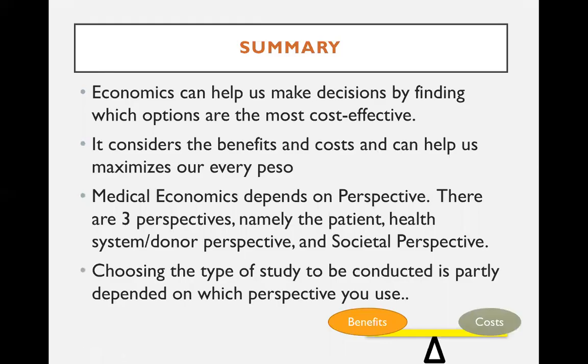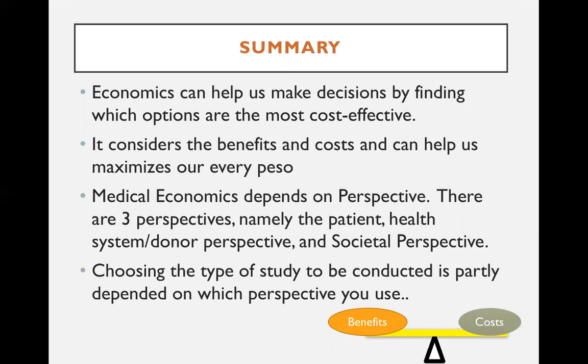So in summary, we've looked at the way economics can help us in making decisions by finding which options are the most cost effective. So it always considers the output and the input and how we maximize the output while also trying to keep our expenditures at a low level.